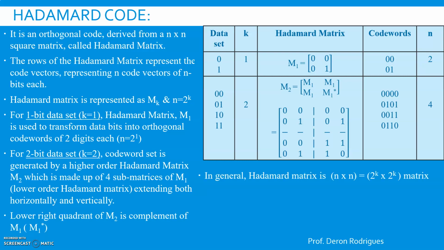In general, the Hadamard matrix is an n cross n matrix. Here n is 4, so it is a 4 cross 4 matrix. That is, n is nothing but 2 raised to k, and we can write the matrix in this form. So for any k, the Hadamard matrix Mk is made up of lower order Hadamard matrices.